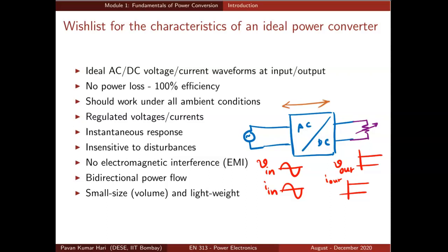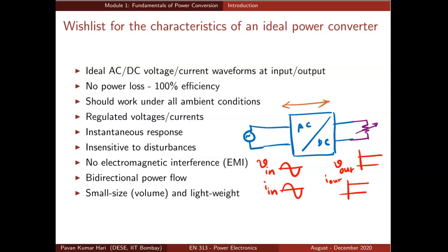And it is always good to have a power converter with small size, small volume, and lightweight while meeting all the other performance requirements. However, in reality, the electronic converters will have limitations on all of these characteristics. The waveforms will be non-ideal as discussed previously. There will be power loss in the elements of the power converter, and the converter works only in certain range of ambient conditions.